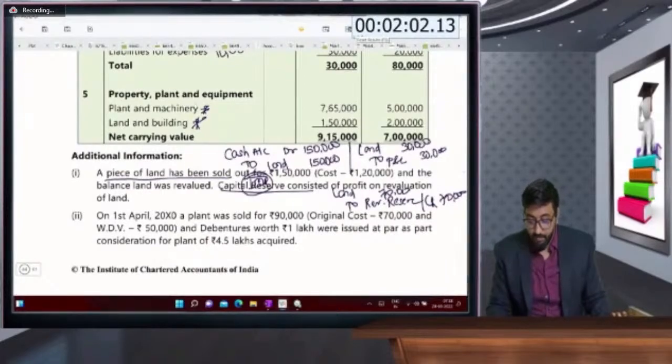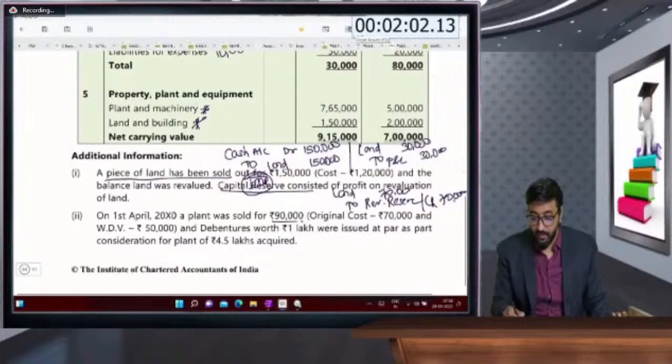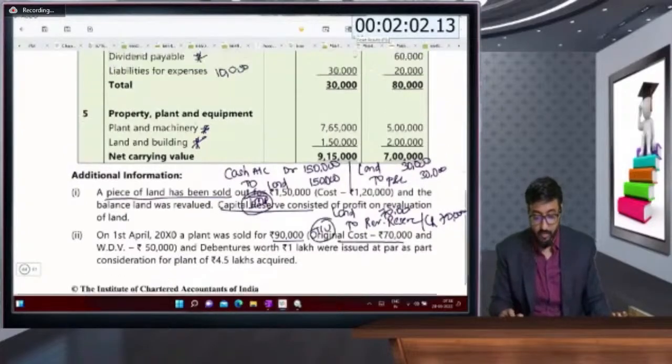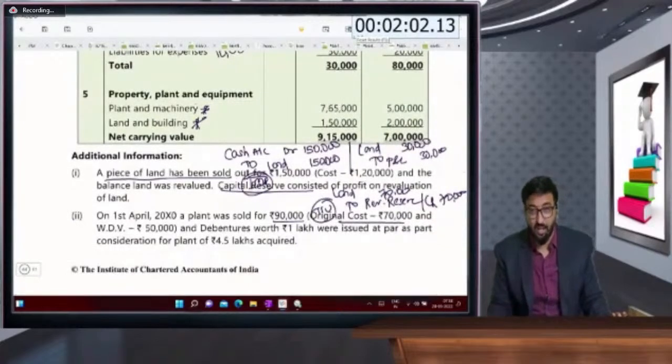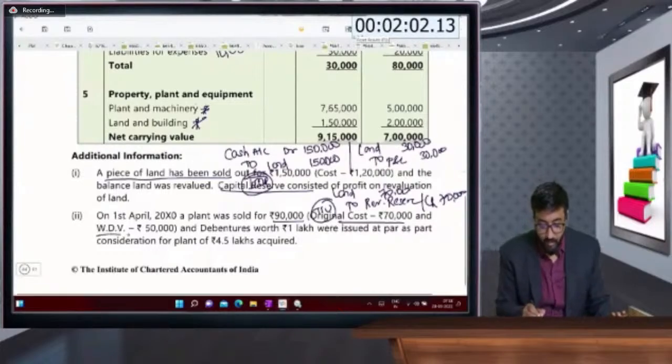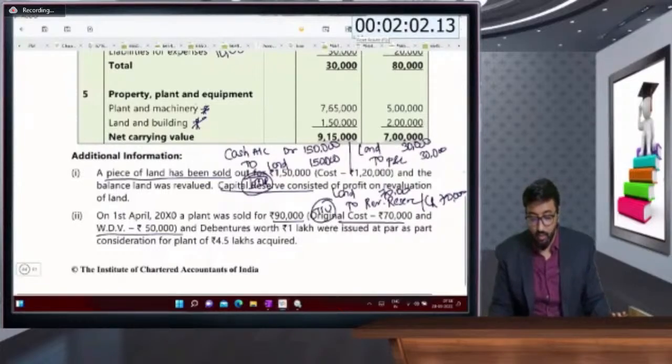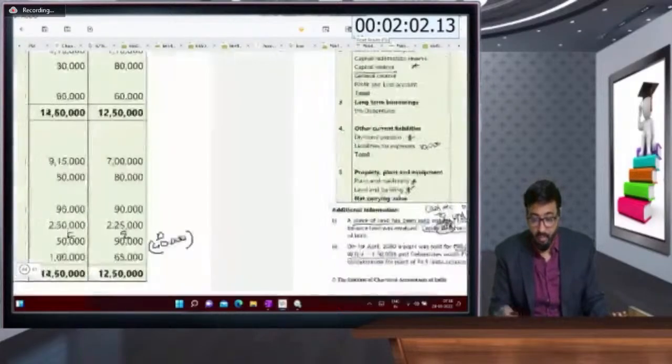On 1st April, plant was sold for 90,000. Original cost 70,000. Now the original cost is to confuse us because there is no accumulated depreciation account. So original cost is of no use. WDV is the only important thing. See, there is no accumulated depreciation.